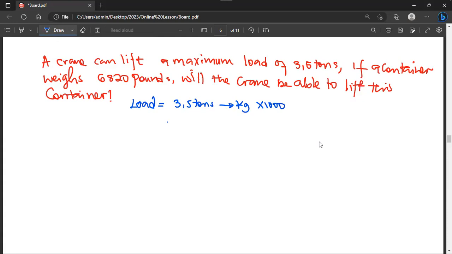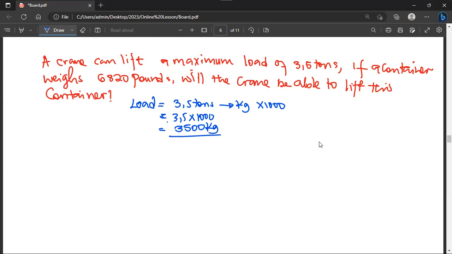Remember, I told you 1 ton is equivalent to 1,000 kilograms. So 3,5 tons times 1,000, we get 3,500 kilograms. So the crane can lift 3,500 kilograms.